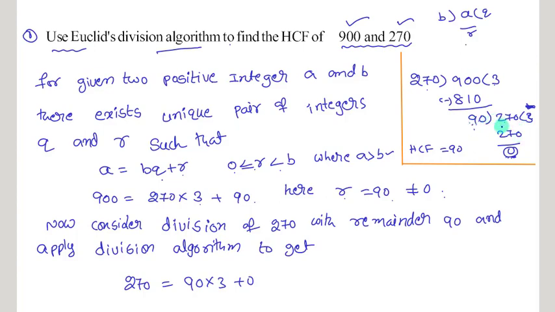Again, this second stage of division we write in the form of an equation: dividend 270 = divisor 90 × quotient 3 + remainder 0.